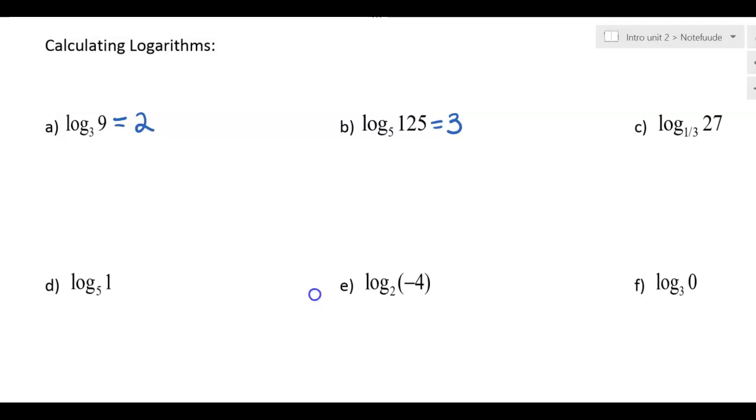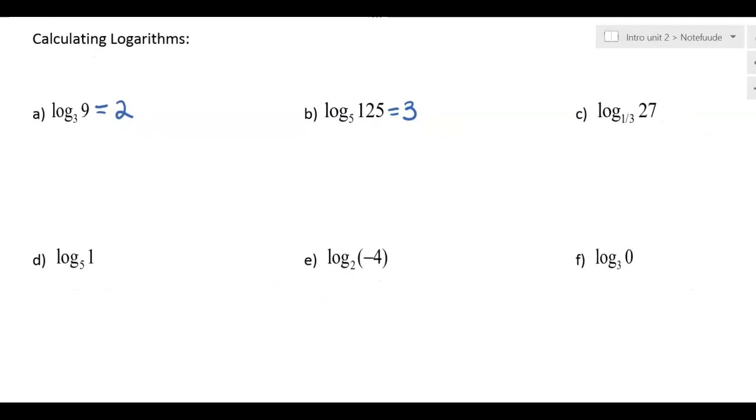What about part C? Travis? Negative. Okay, good. How did you get that? It's already a fraction. I just think that the negative power. Good. Okay, so he has really good exponential number sense, okay?